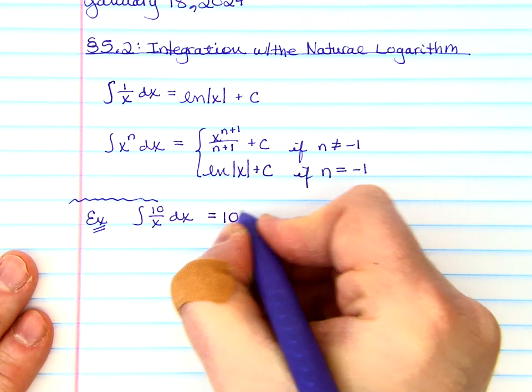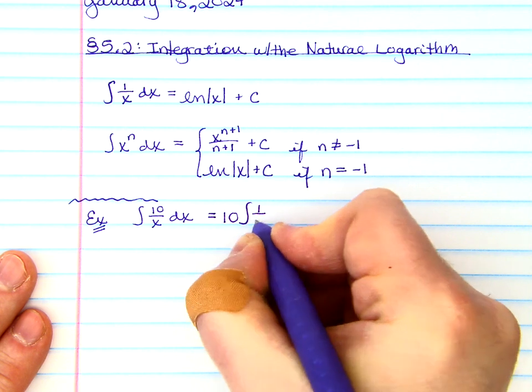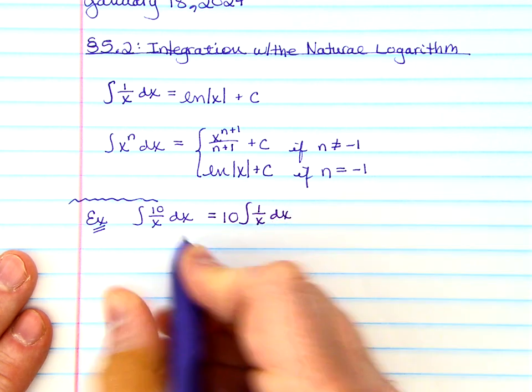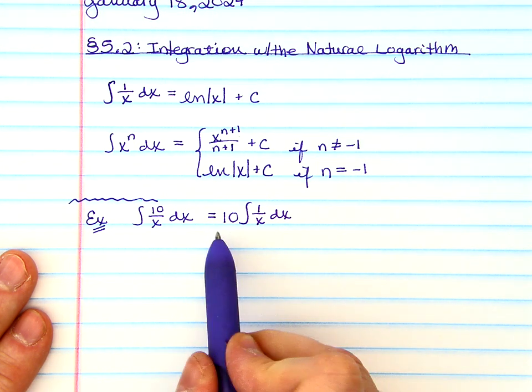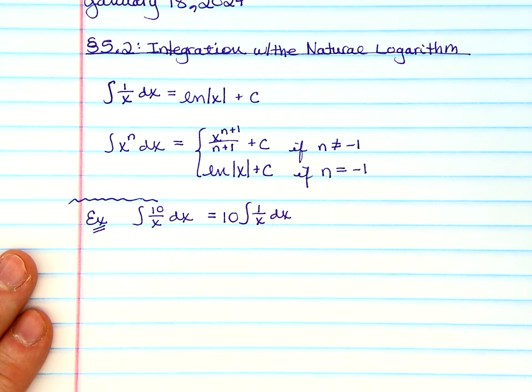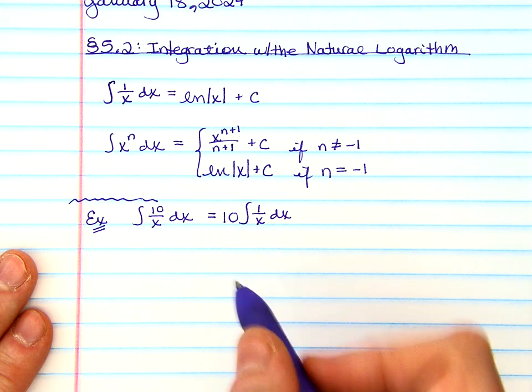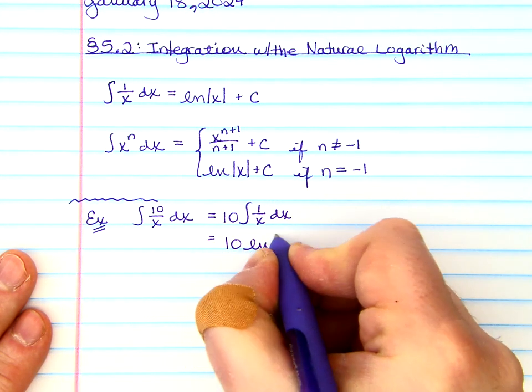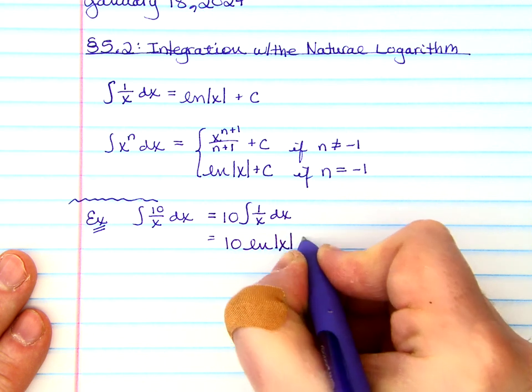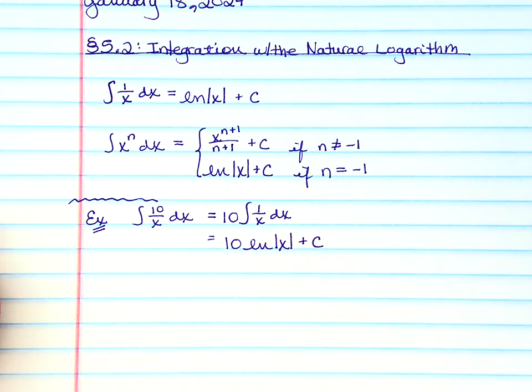This is, again, just constant multiplier rule. You should be able to convince yourself that these two things are the same. Well, now I'm exactly in my form to be able to integrate, and I'm going to get 10 times the natural log of the absolute value of x plus a constant.